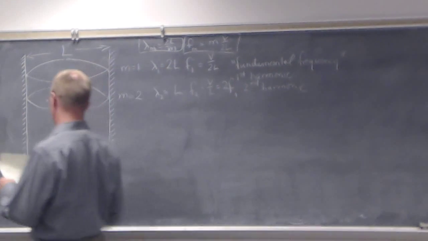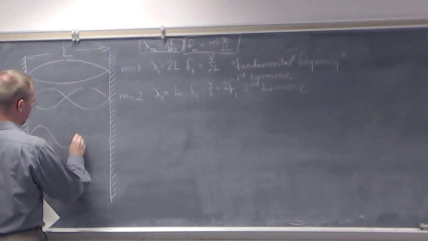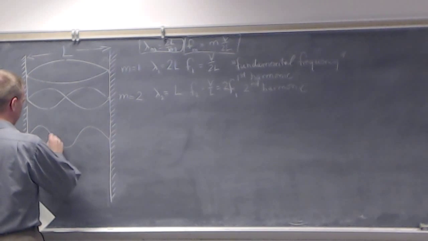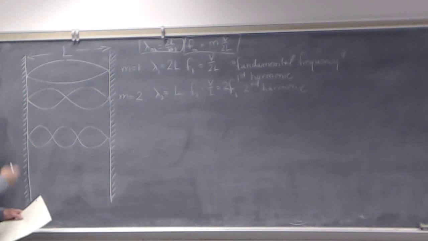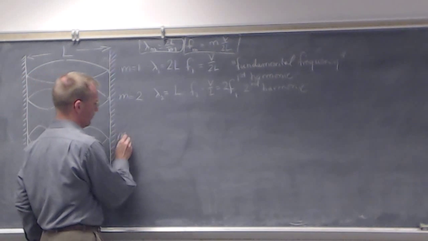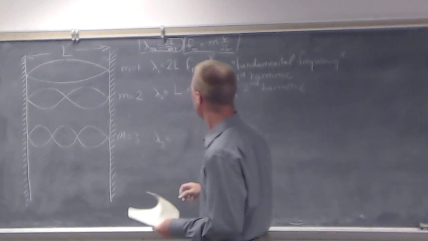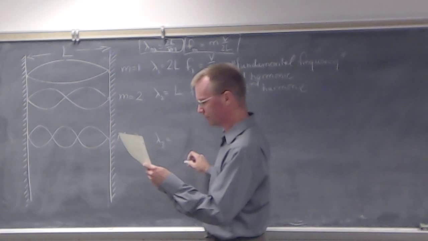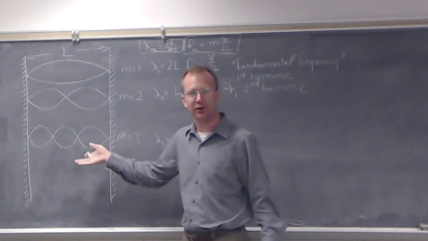What about the third harmonic? It takes a little practice to get this to come out in thirds. Okay, the wavelength for this one is short. Now, the wavelengths are getting shorter and shorter. There's no extra space in here.